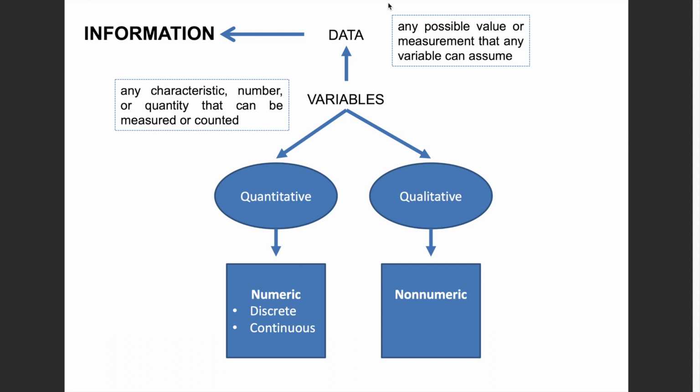Furthermore, our numeric quantitative variables can either be discrete or continuous. Okay? From those variables, we can create data, or any possible values or measurements that these variables can assume. From this data set, we can extract information. So that's how it works in statistics.